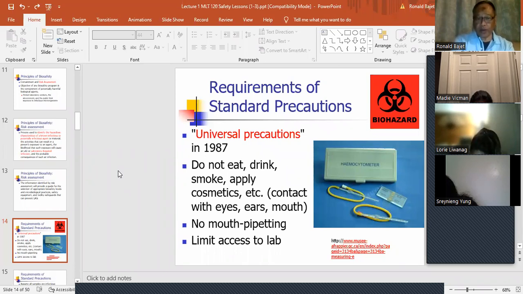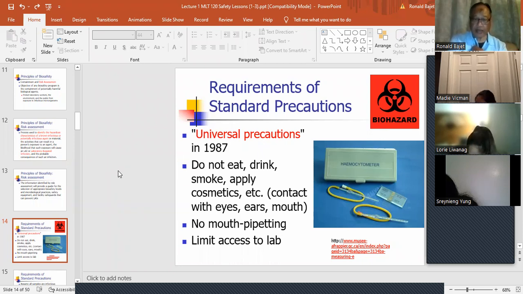Universal precautions is treating everything as if it is a very infectious agent. Every laboratory should have this, and during each inspection they'll be looking for the policy that says you should not eat, drink, smoke, apply cosmetics, or handle contact lenses, or touch your eyes, ears, and mouth. No smoking, no mouth pipetting. Those policies should be in effect in the laboratory.